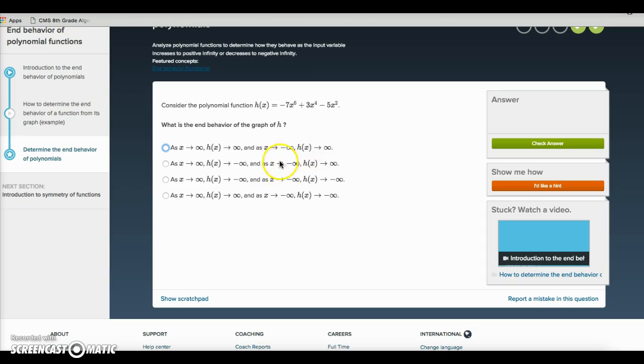Okay, that indicates up behavior, and we know we should have down and down. So choice 2 is out. As x goes off to positive infinity, h of x goes off to negative infinity. That's down behavior. And as x goes off to negative infinity, h of x goes off to negative infinity. That is also down behavior. So that is down, and that is our correct answer.